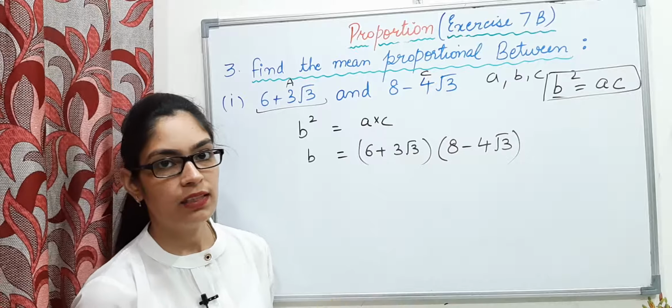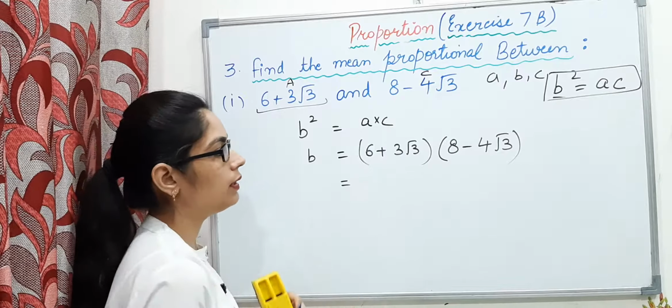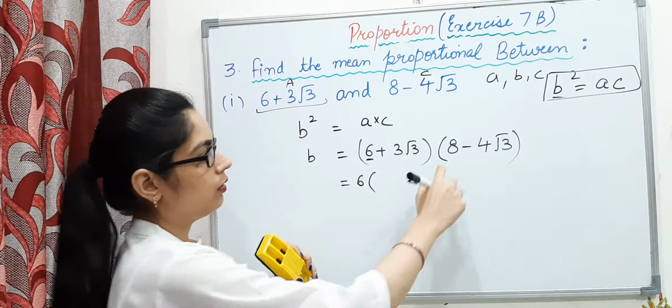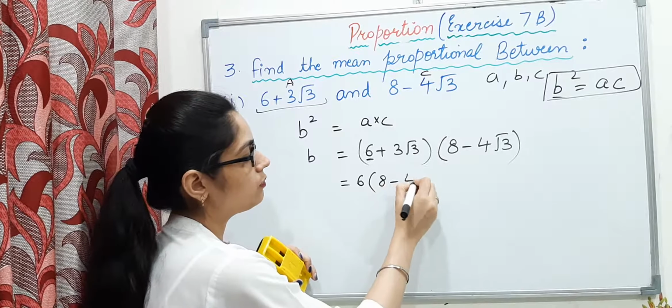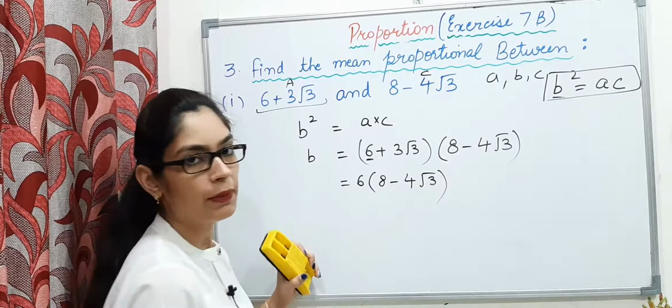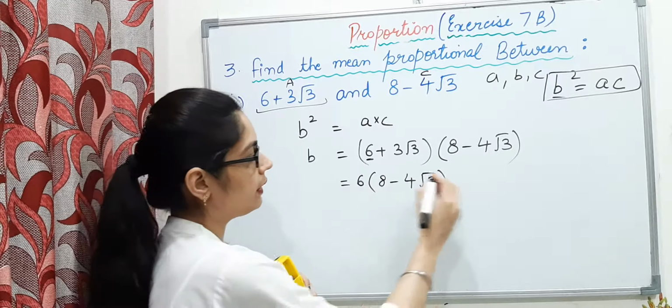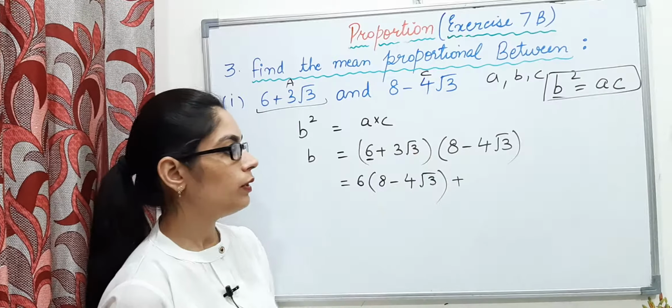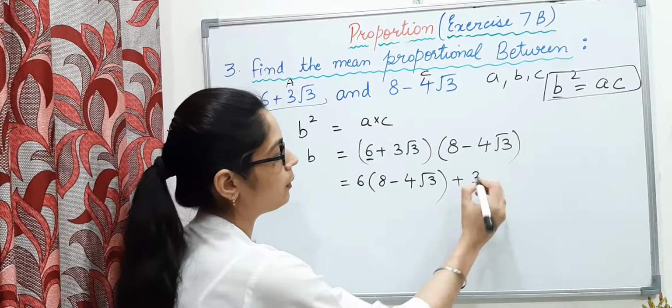Now 2 brackets are there, they are getting multiplied, so we can multiply. First we will write the first term of the first bracket, then the full second bracket. See, this way if you do, you won't make any mistake. Directly also you can do it, no problem. So I am just writing it step by step.